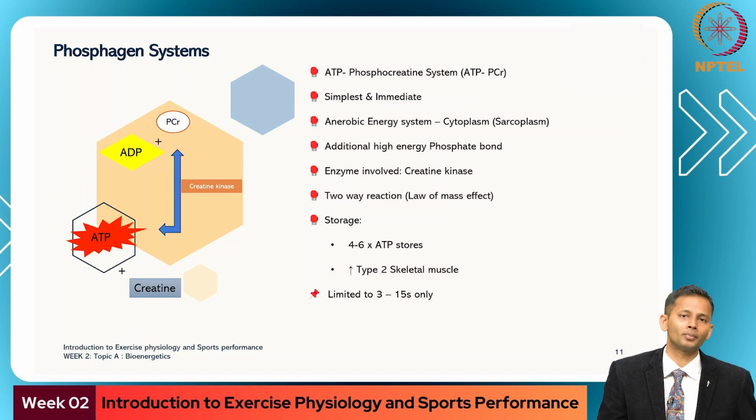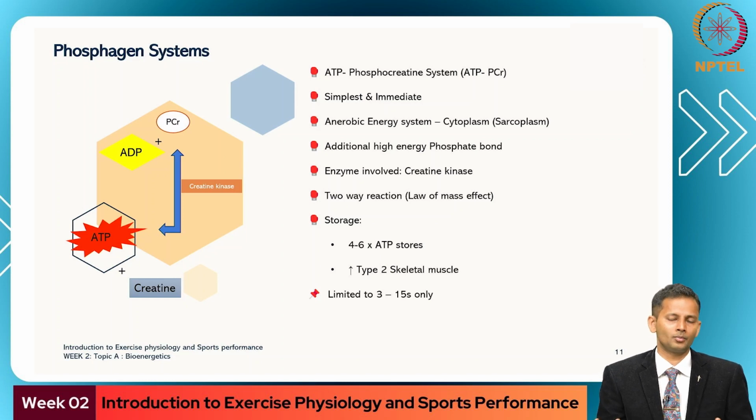So in case of sprinters or short duration activity like swimming for 50 meters, they require type 2 muscle. And in this type 2 muscle, these reactions happen at a faster rate, where you need immediate responses or release of energy. So that's why it is more present or stored in type 2 skeletal muscle.